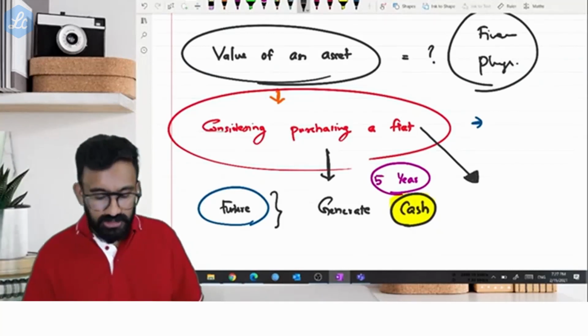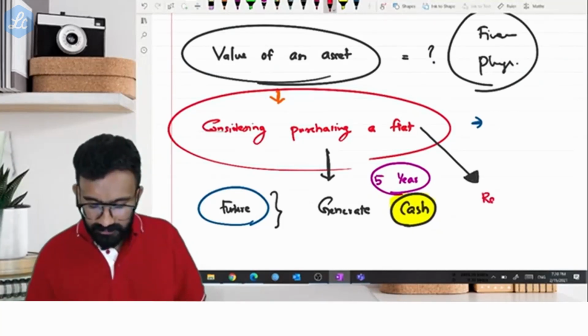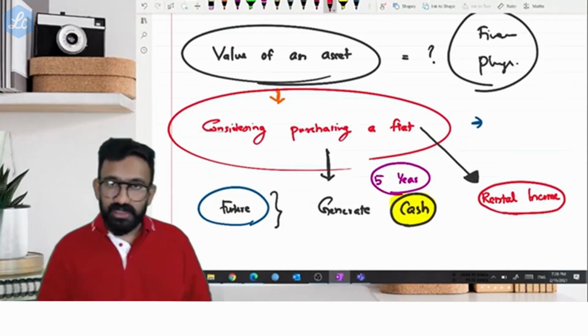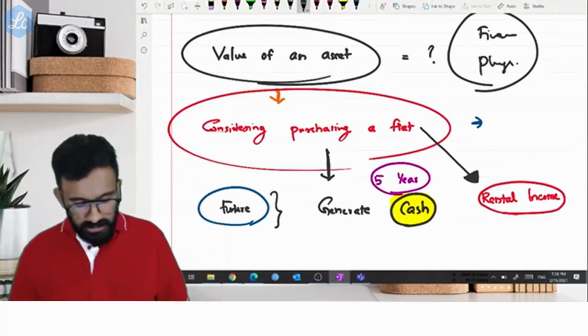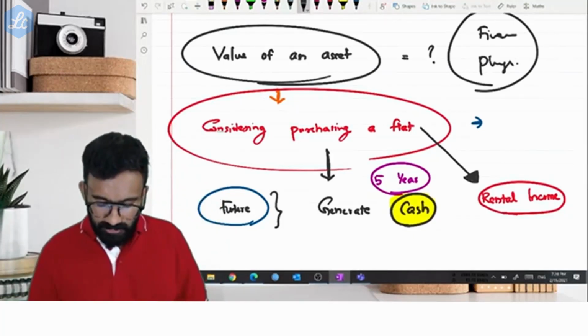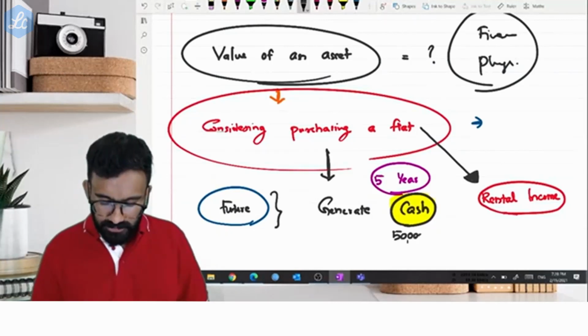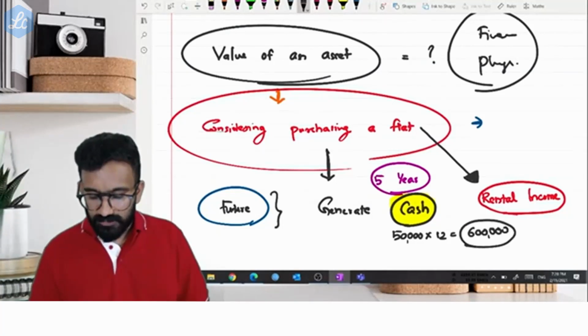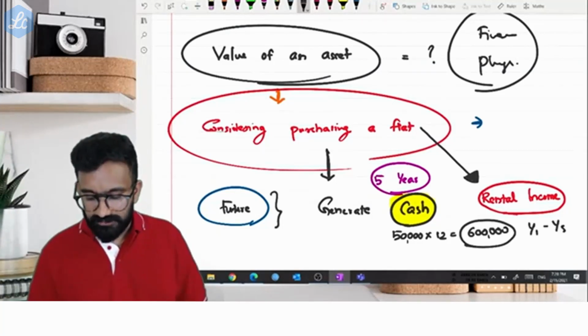Now, I'm considering giving this flat on rent. So this flat is going to generate rental income on a monthly basis. Assume that it is going to generate a monthly rent of 50,000 into 12 months, which means it is going to generate an income of 6 lakh, year 1 to year 5.